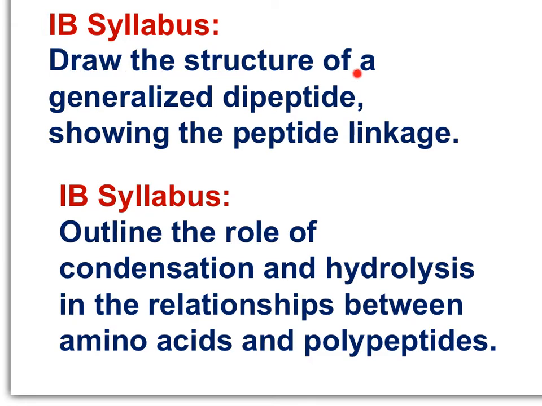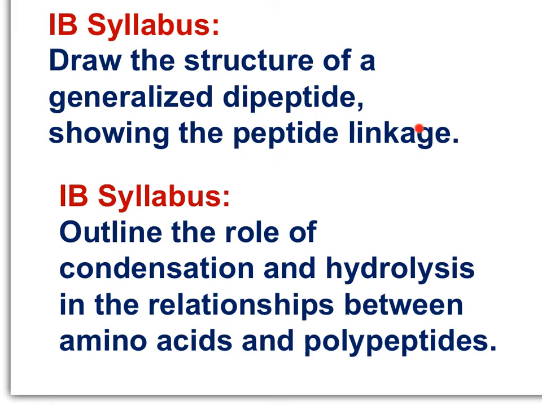Let's look at two other IB syllabus statements that are important. Draw the structure of a generalized dipeptide showing the peptide bond linkage. Outline the role of condensation and hydrolysis in the relationships between amino acids and polypeptides. Hopefully you can see the relationship between these two statements in that the formation of a peptide bond will be a condensation reaction.